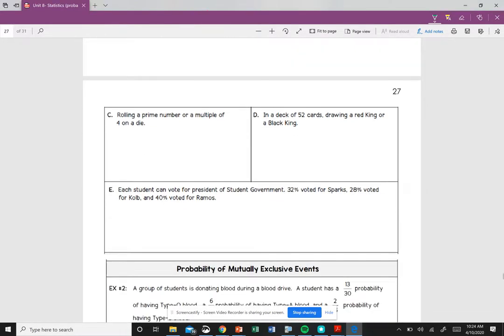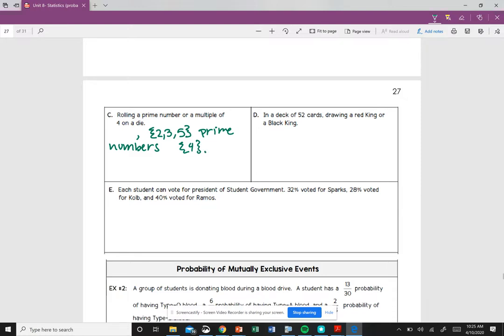Okay, rolling a prime number or rolling a multiple of 4. Okay, so let's look at that. So we'll leave a space for our yes or no. So prime numbers would be 2, 3, and 5, and then the multiples of 4 on a dice would just be 4.